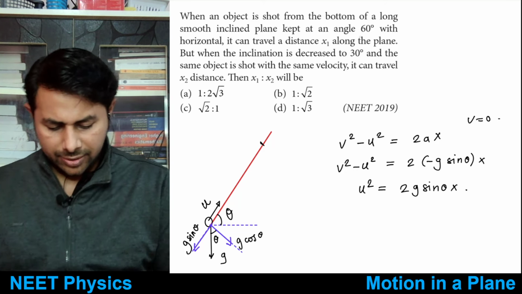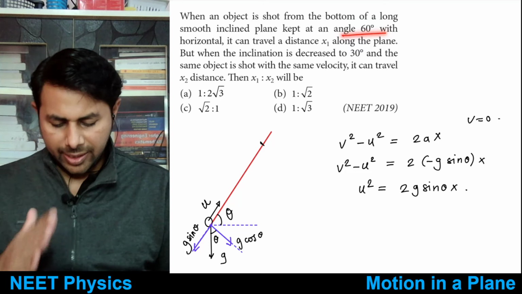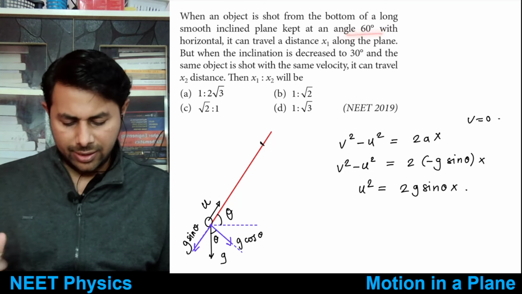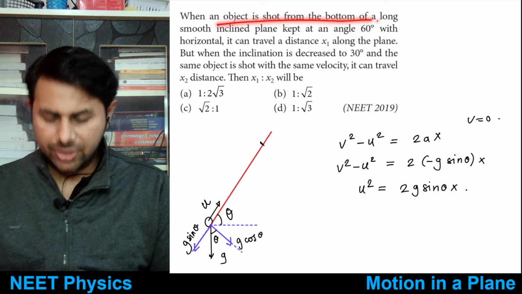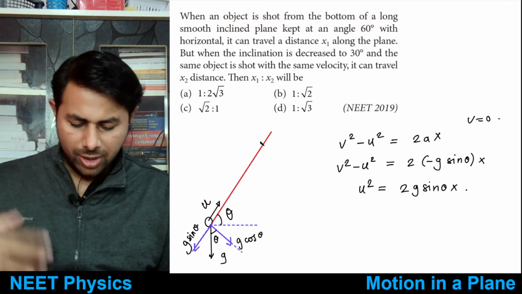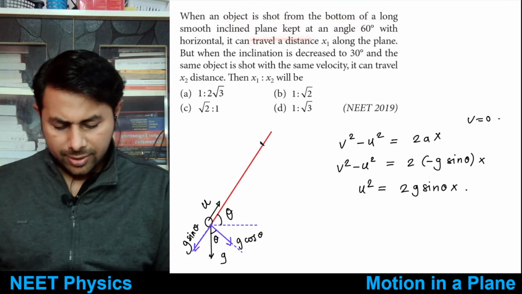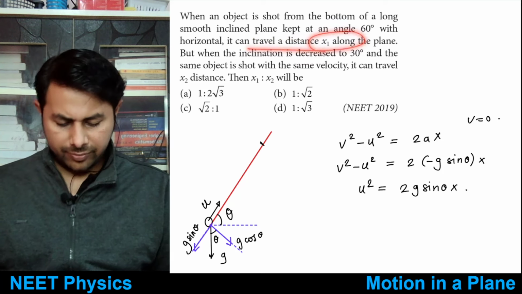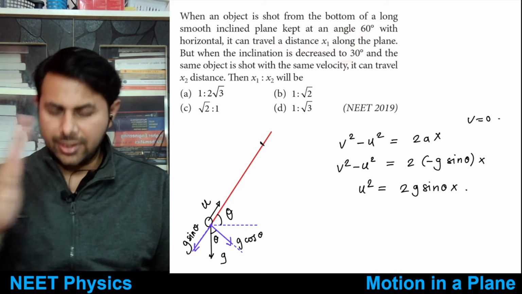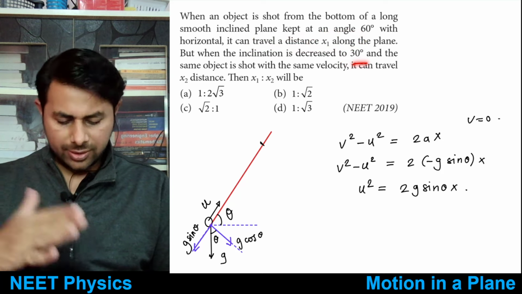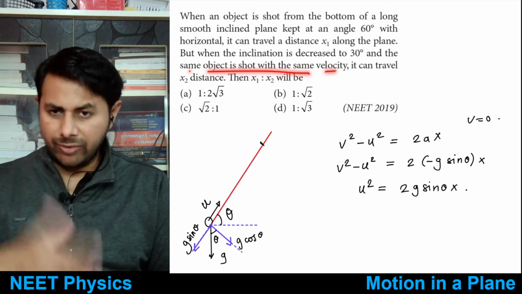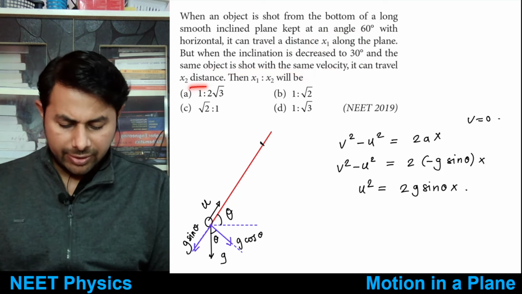So what's given here? Initially you take one plane which is inclined at an angle of 60 degrees and the object is shot from the bottom of that long smooth inclined plane. So it travels distance x1. Then in the next case the inclination is decreased to 30 degrees. It's shot with the same velocity, same speed. Then it travels distance x2.